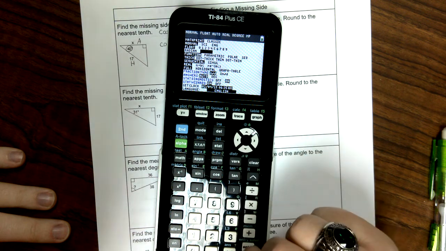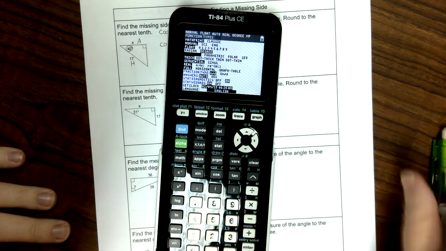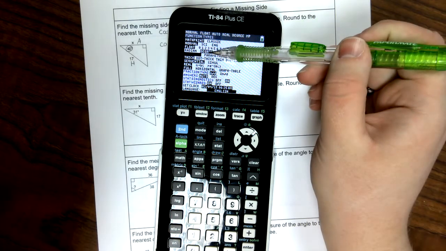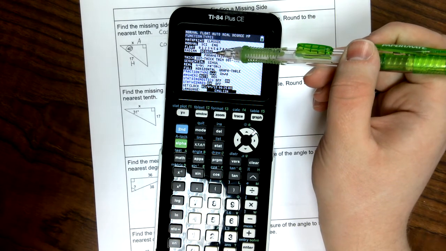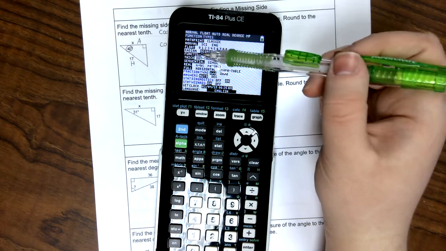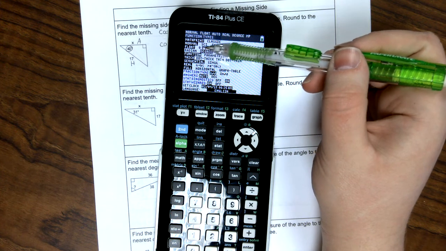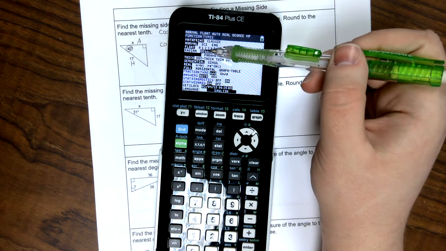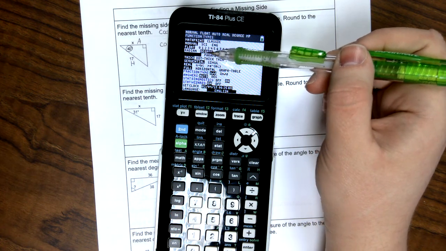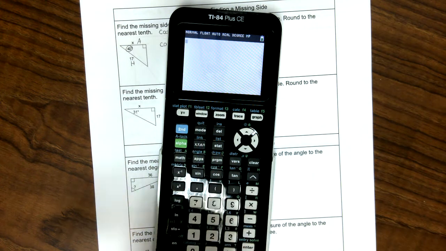Okay, you need to make sure that your degree is highlighted. You want to be in degree mode because we measure angles in degrees. If you get into higher up math, sometimes you measure angles in what are called radians, and we don't do those in this class. We're just doing degrees. So double check every time that you are in degree mode. And then to get out of here, you hit second mode and it takes you out.